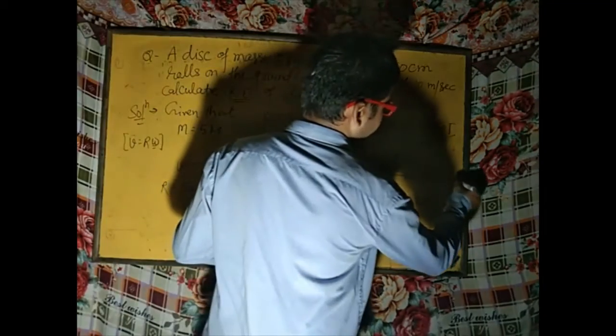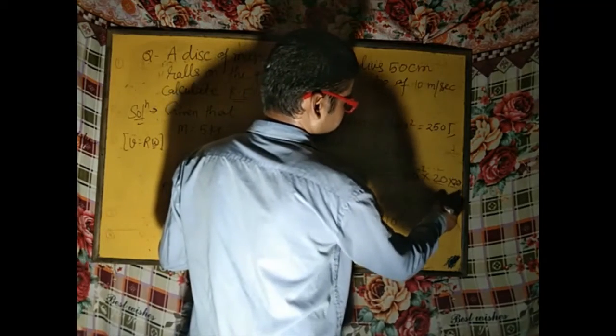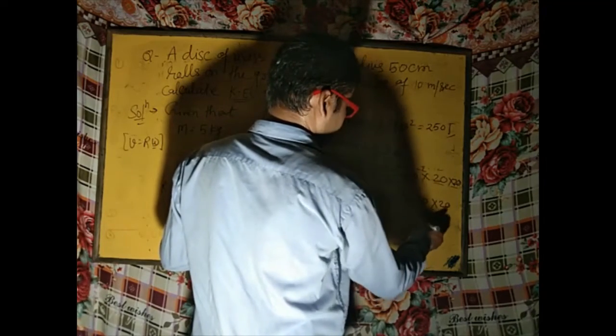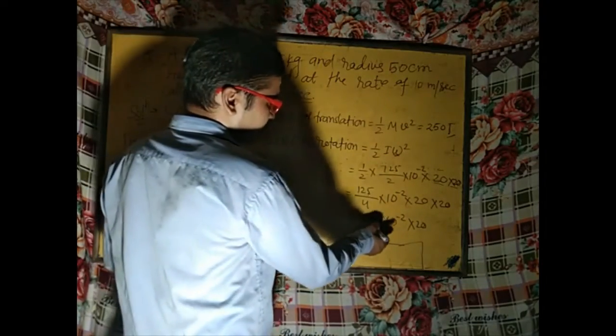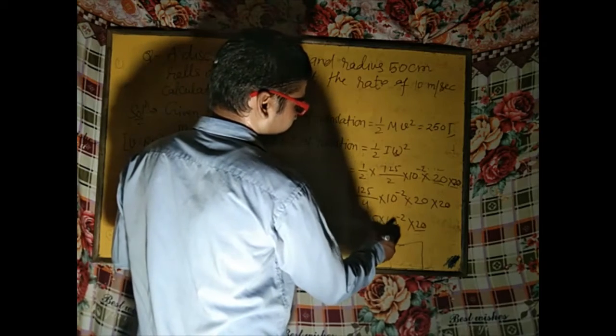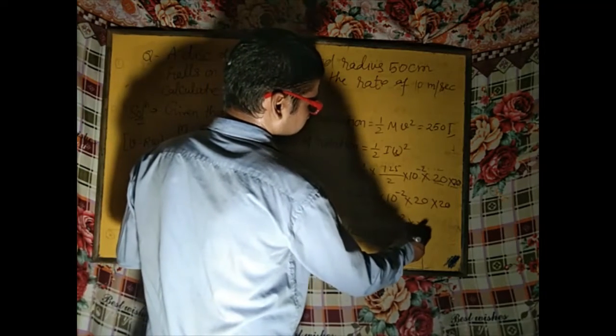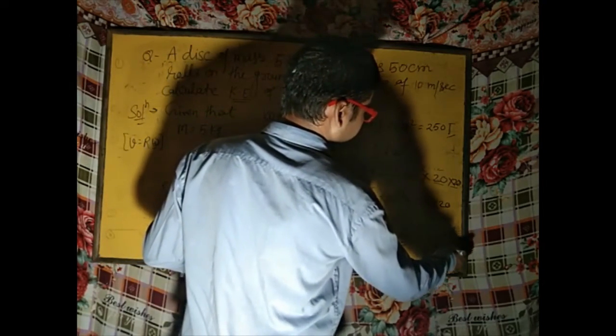And this one is twice actually, because this one is square, so you can write here 20, then this one is again 20. So this 5 into 20 becomes 100. So this one is 125 into 10 to the power minus 2 into 100. This 10 to the power minus 2 cancels this power and it will be 125 joule.